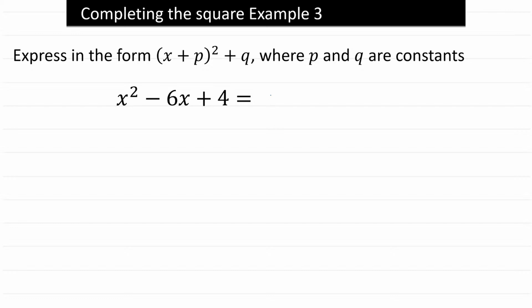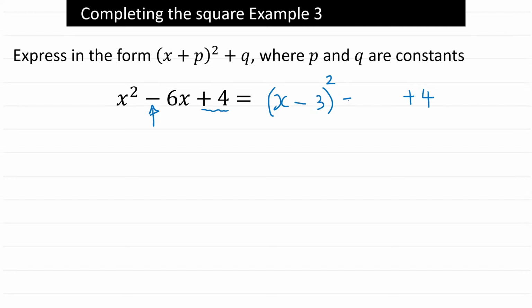First thing we want to do is open our bracket and square it, and then have x here, and I'm just going to put my minus there. And this constant is plus 4, so I'm going to write it over here on its own before anything. Now I'm going to halve this number, so 6 divided by 2 is 3. The sign here is negative, so negative 3.